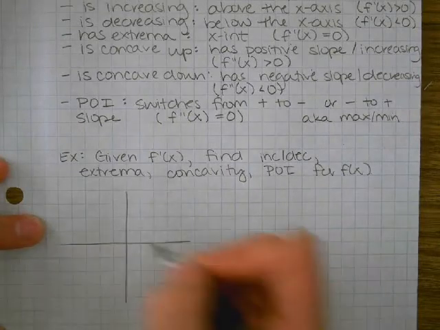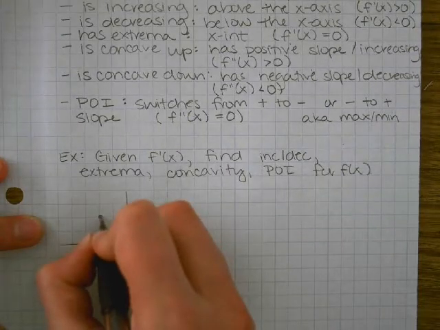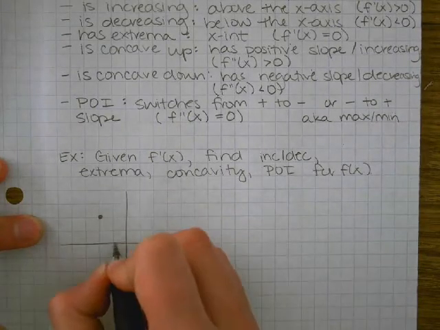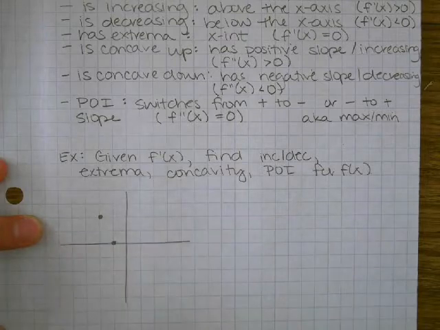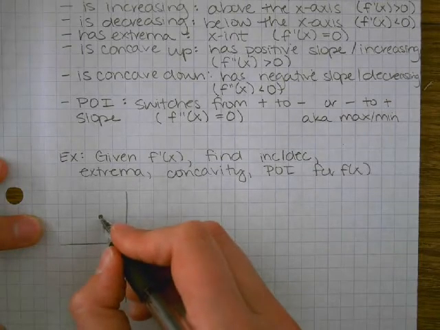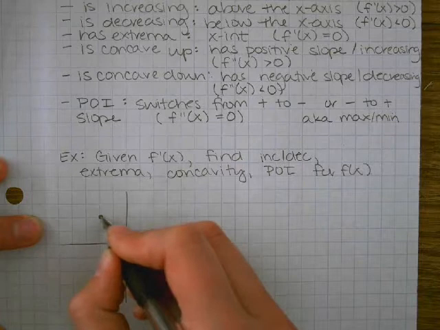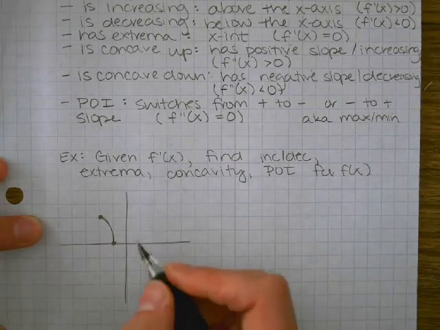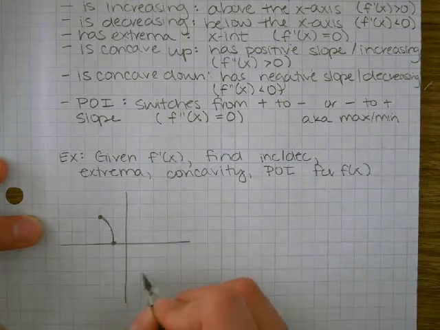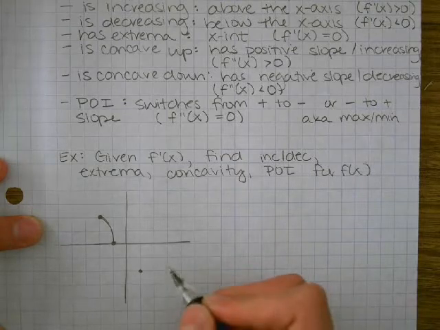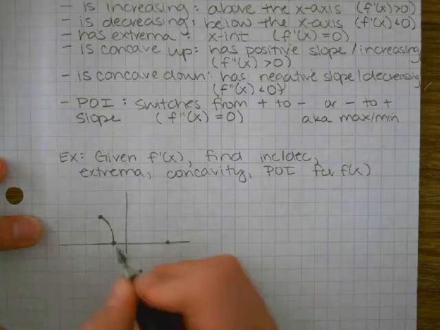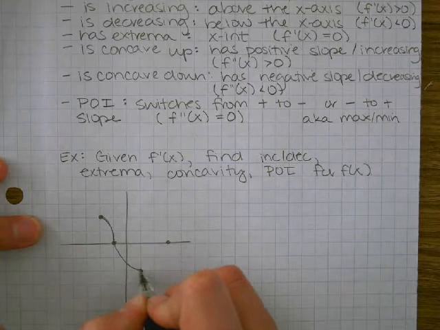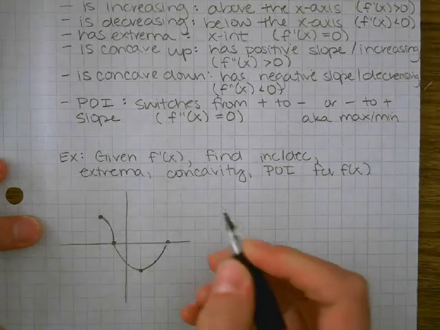So the first point we're going to graph is -2, 2, and then the point -1, 0. And we're going to have this graph look like this. So it's going to look coming down. And then we've got the point 1, -2, and the point 3, 0. And the graph looks like this.